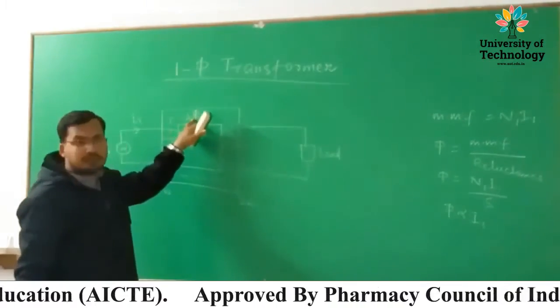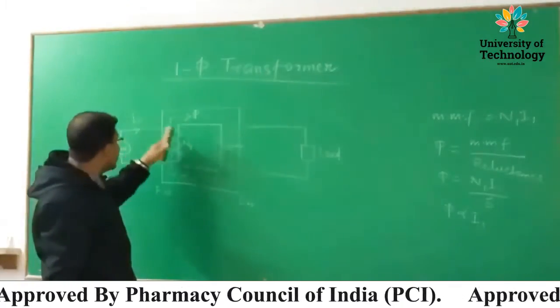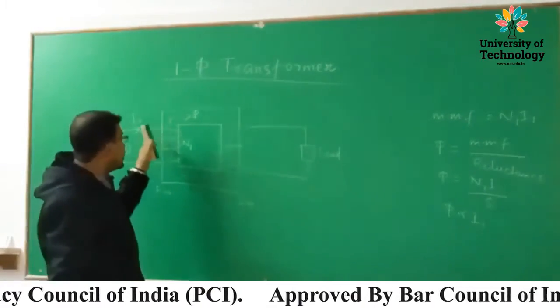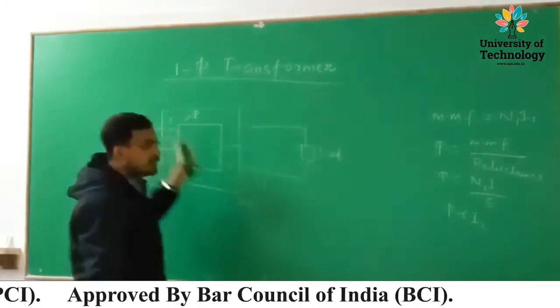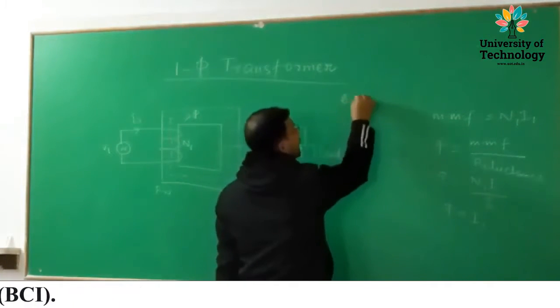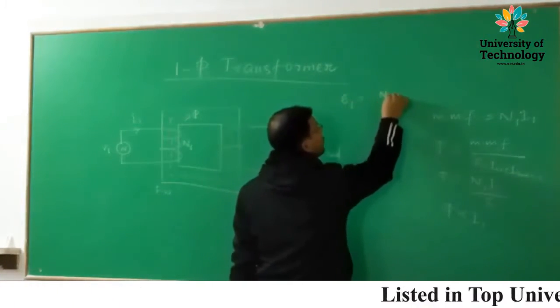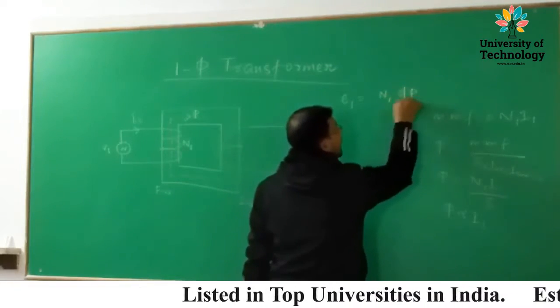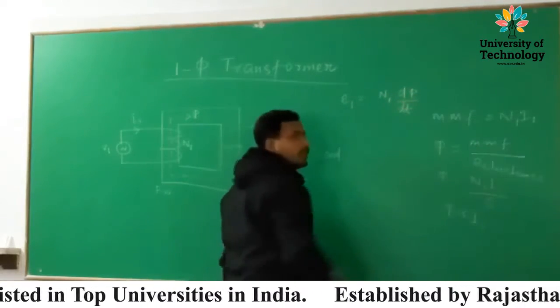Now once this flux flows in the core, due to the change of flux, or due to the AC supply, it changes and an EMF is induced in the primary winding as E1 equal to N1 d phi by dt.